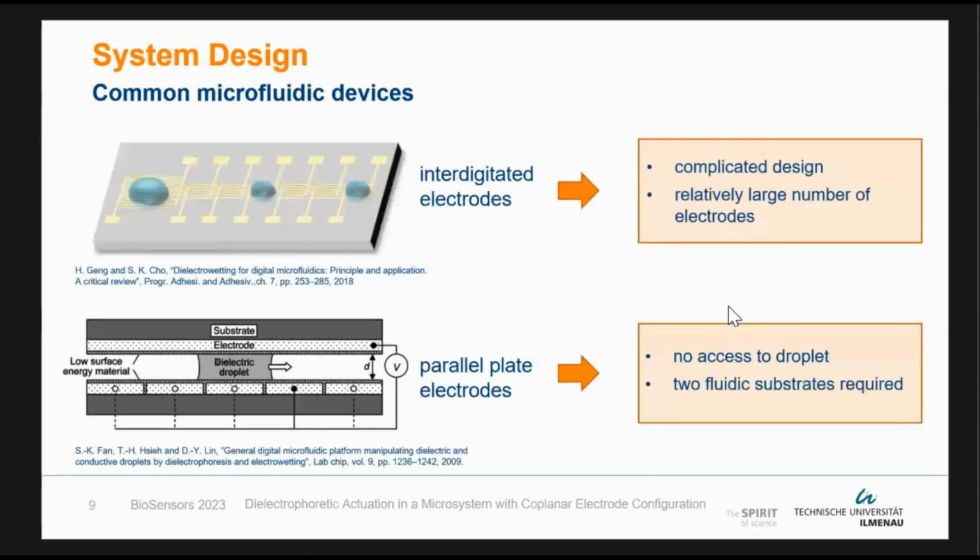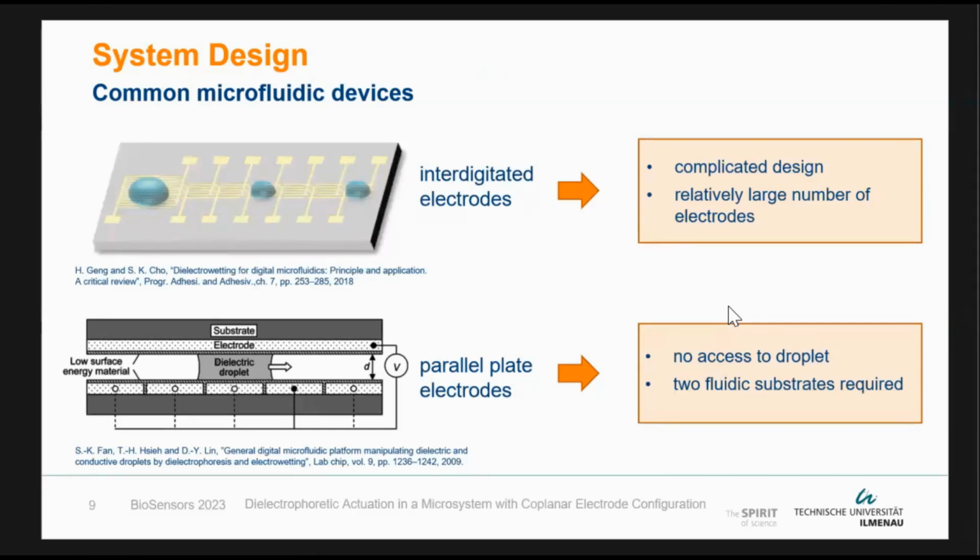So now, to make the design of such a dielectrophoretic driven system, looking at common applications that we can find, they are mainly based on two different ways for the design. One, here we can see an example, is based on interdigitated electrodes.